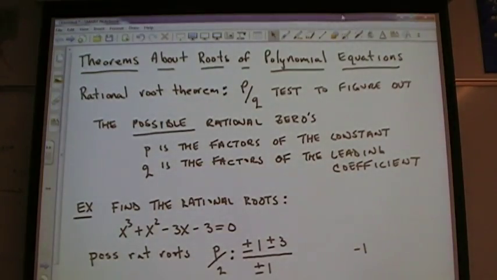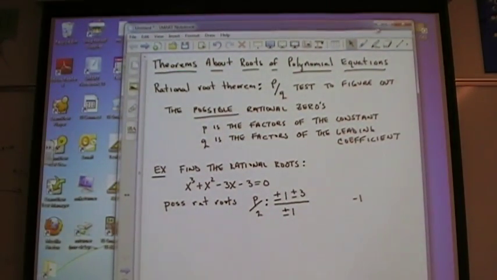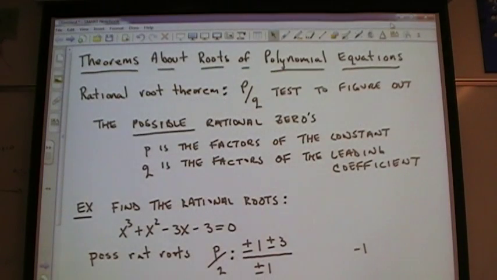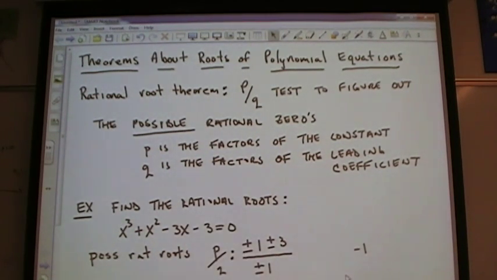Go to your calculator. Go to y equals and type in that expression right there, the x cubed plus x squared.